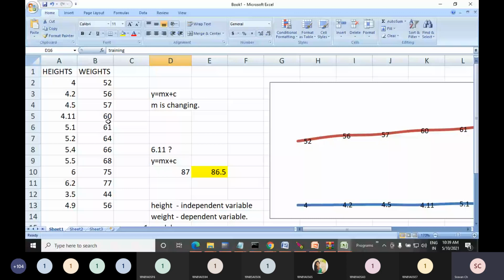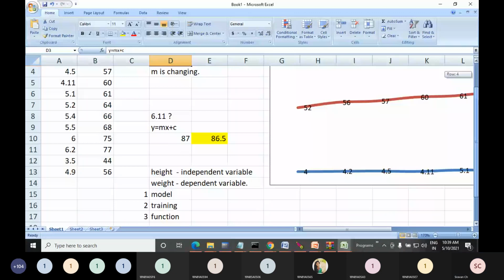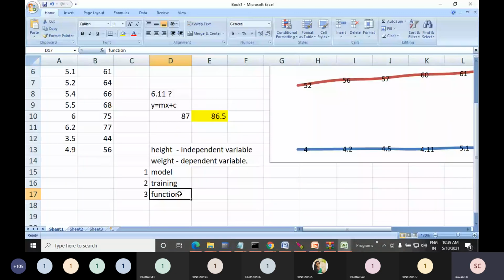So what we are doing, since it's a simple line, I am applying the equation of line formula. Please remember, every machine learning model needs a function. This function is also called a learning function, or some people call it a training function.